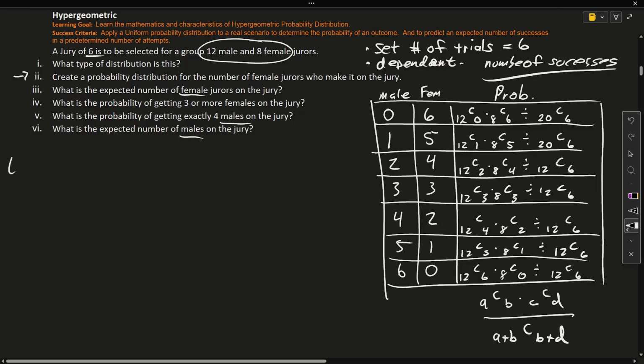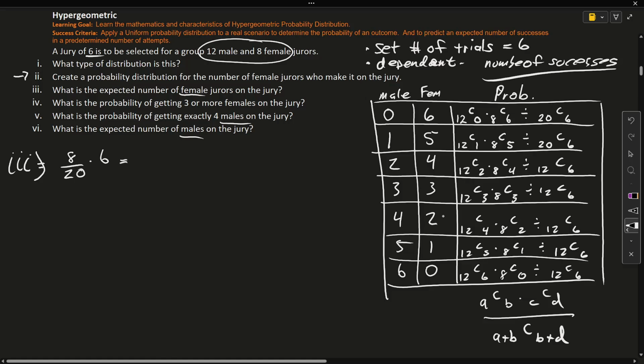So in order to do the expected value here, we're going to apply the formula. The formula is essentially that I take the proportion of female jurors, so 8 over 20, and then I multiply that by the number of trials, or 6.